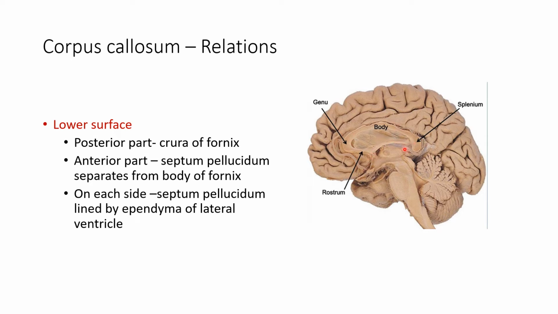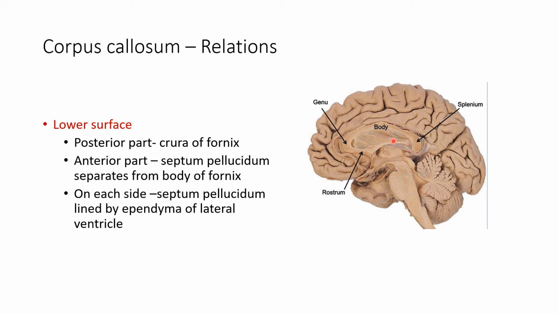Posteriorly, you are seeing the two crura of the fornix. The body of the fornix is divided into two posteriorly, underneath the splenium, and they are called the crura of the fornix, related to the lower surface of the corpus callosum.